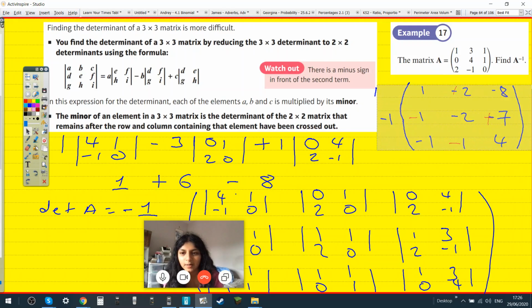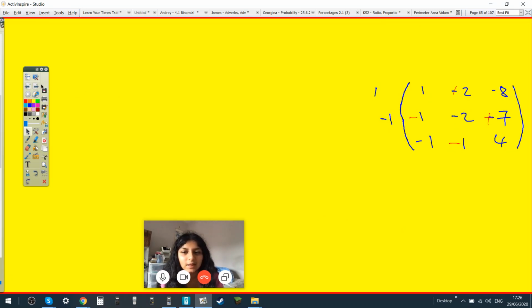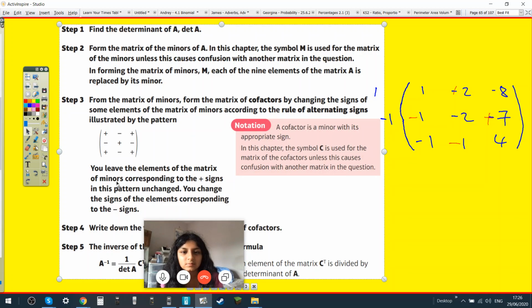So it'd be 1, 2, -8 going down, I think. So 1, 2, -8. -1, -2, 7, going down.